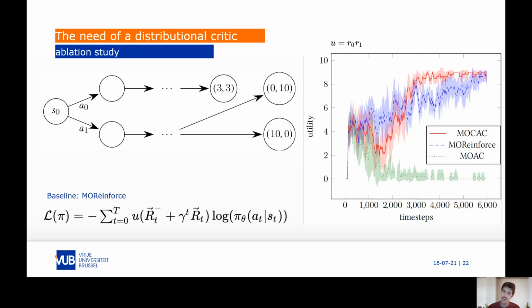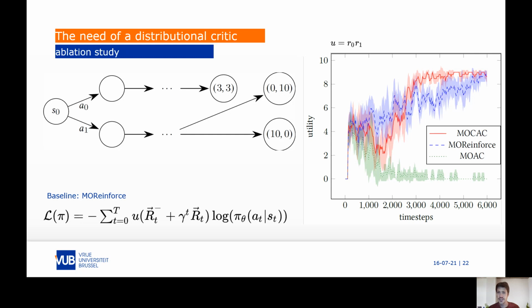So here are some results. We have our algorithm in red. Green is the ablated version with a simple critic, not a distributional critic. And we also used a third baseline in blue, which is a multi-objective extension of REINFORCE.